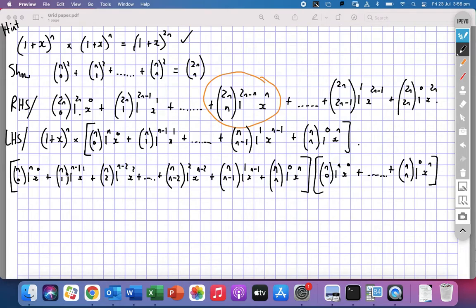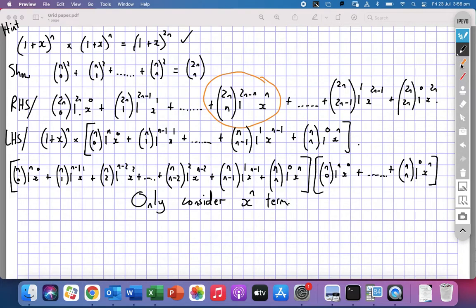Then I've got to take the second one and times it by every term there. I've got to take the third one, and times it by every term. But what I'm going to do is only consider where you get an x to the power of n term. How are you making those?